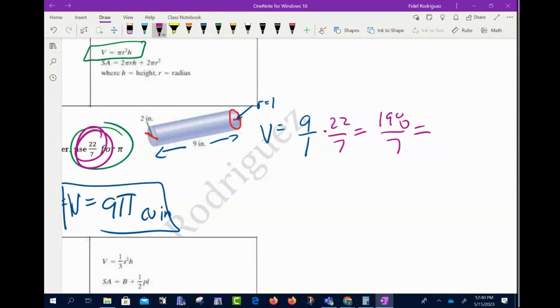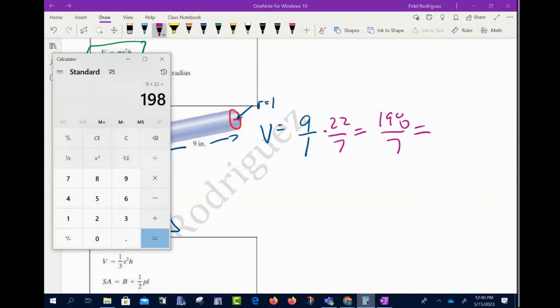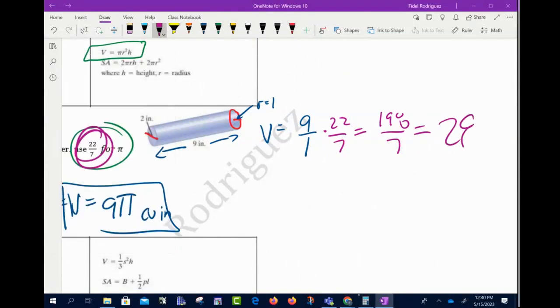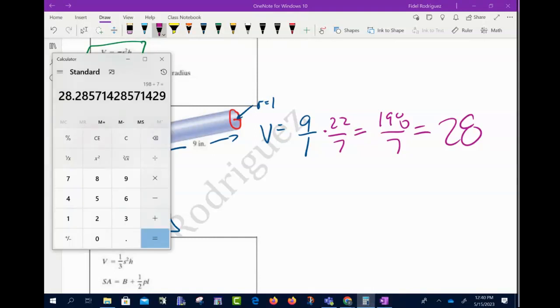Remember how I did this using my calculator? 198 divided by 7 is how much? 28 and something, right? So we know it's going to be 28. How do we figure out what that other something is?